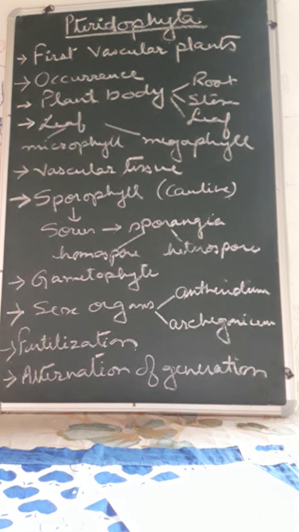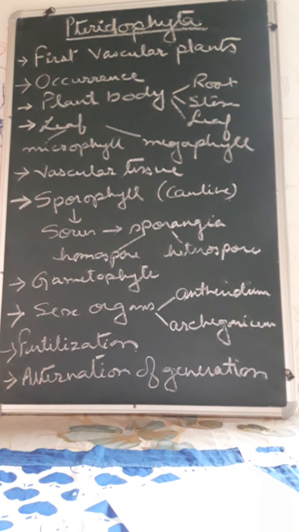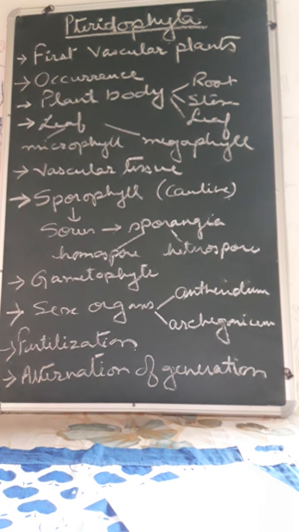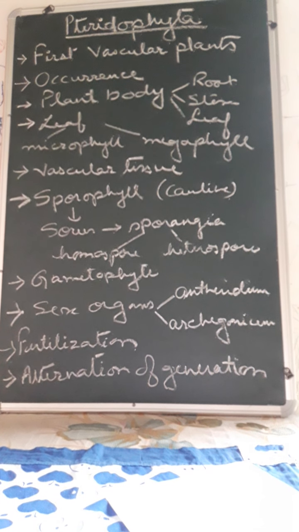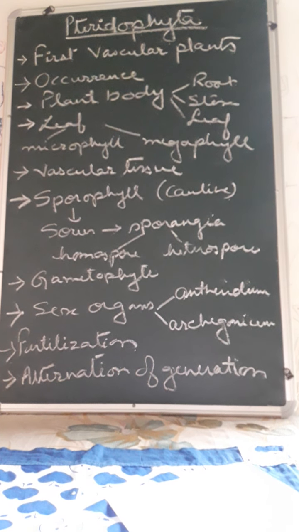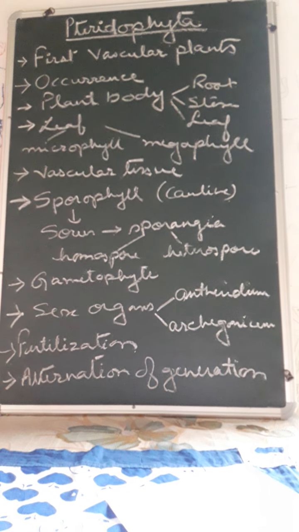So now your work is to go through the videos, make out the points of whatever I have said, write them in your copies, and show it to me. Got it? There are small differences between bryophytes, pteridophytes, algae, whatever we have studied earlier, isn't it? After studying them, we will further go into the higher classes.